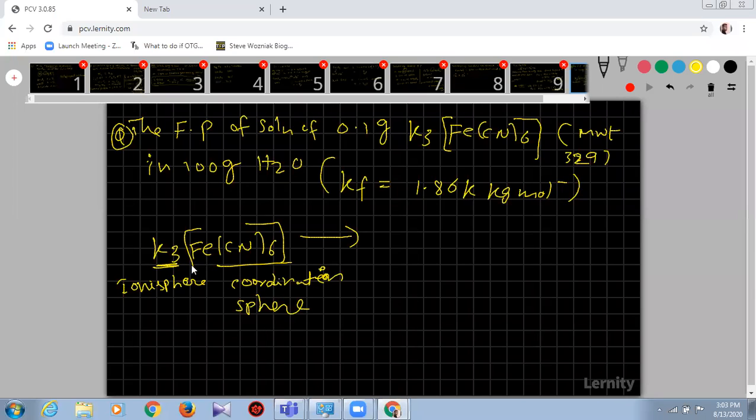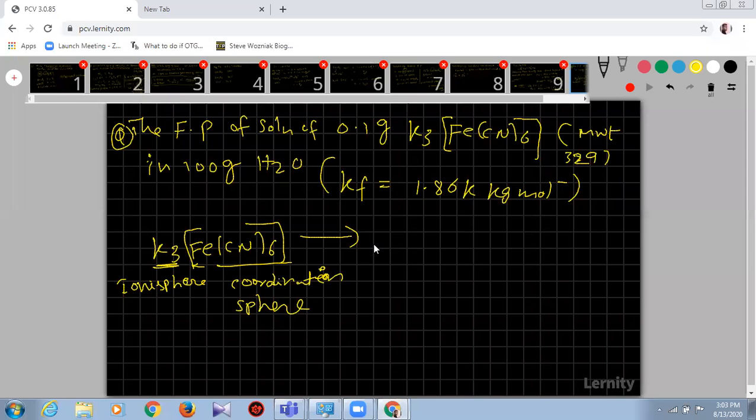You don't see any changes, CN minus is there. I agree with you, but we don't see any change in this complex. Whatever would be outside the bracket, they only split into ions. Whatever is in the bracket will come as just one ion.